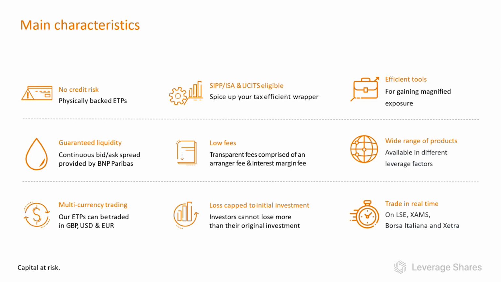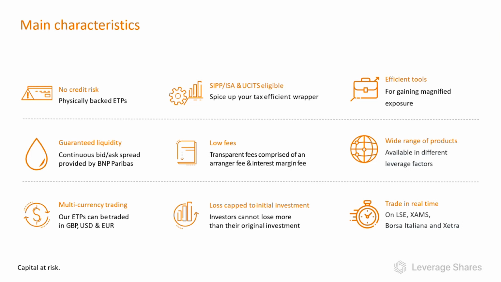One very big benefit and also characteristic of our ETPs is that they're offered in different currencies. If that's Euro, USD, or GBP, you can decide in which currency you want to trade the product, also based on your preferences or based on your portfolio.